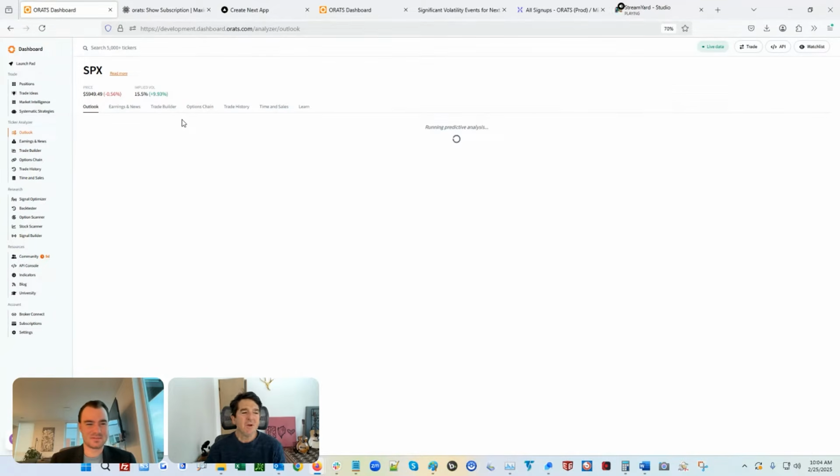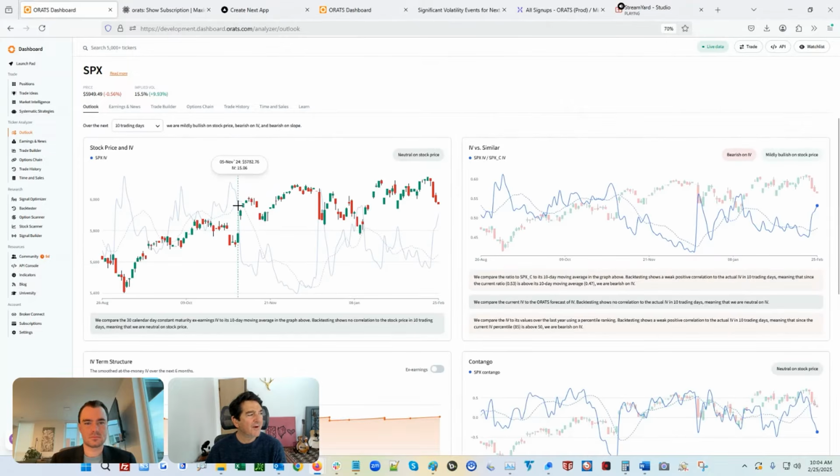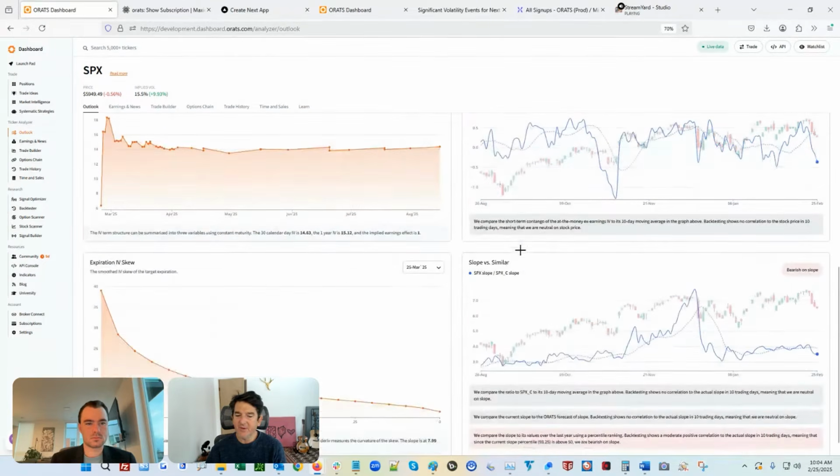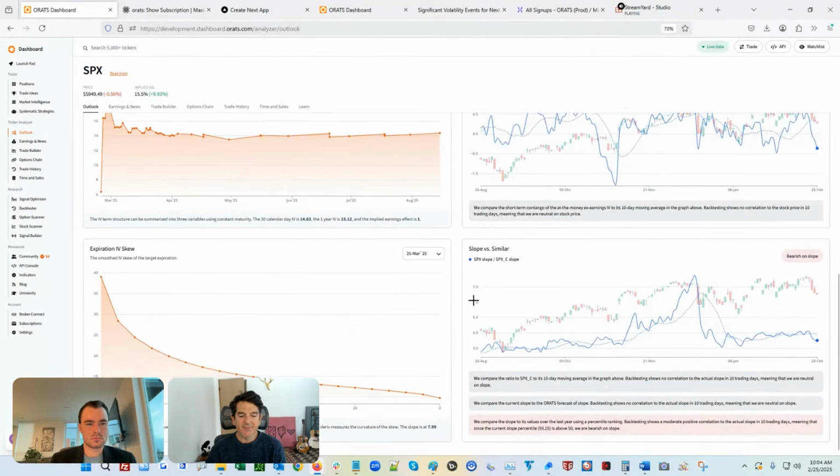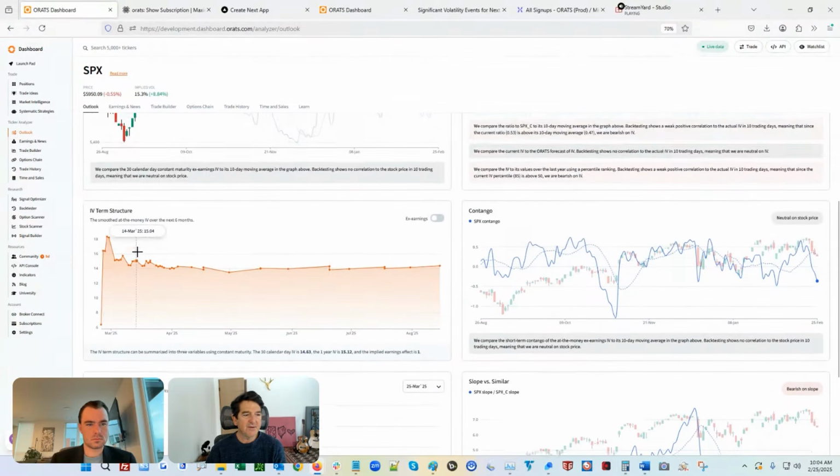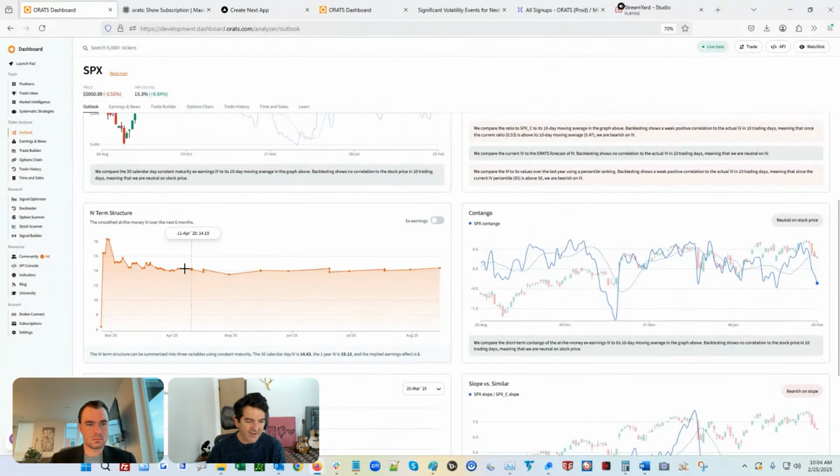Yeah. So what you'll notice, especially with all of the 0DTE, 1DTE, etc., the weekly expirations, is that the IV, so this isn't that, this is the term structure here. So you see how choppy that is.